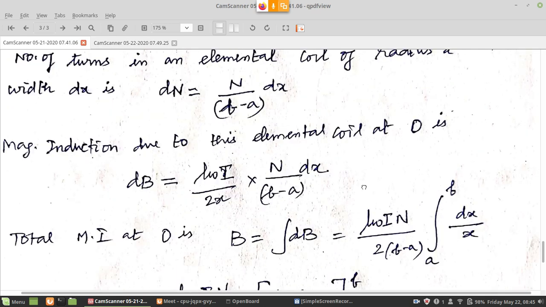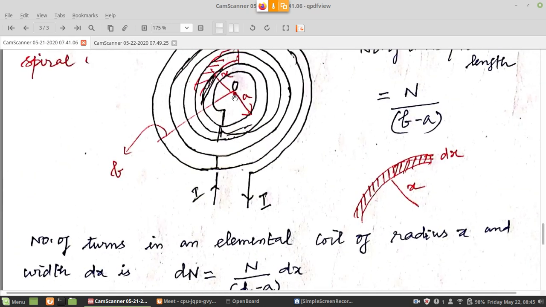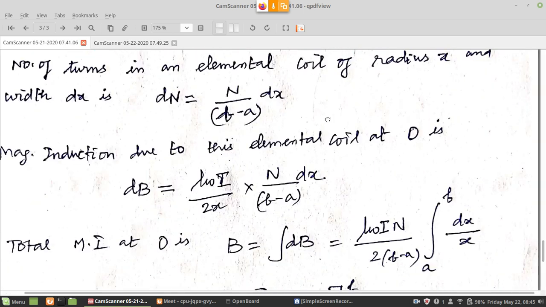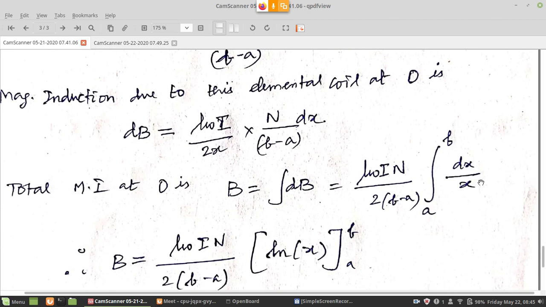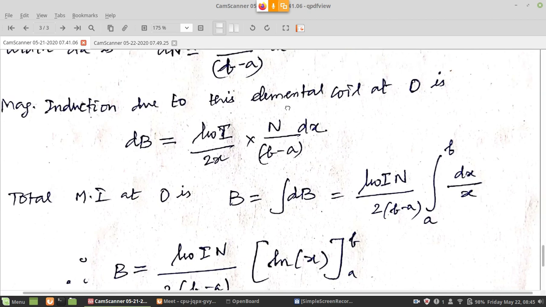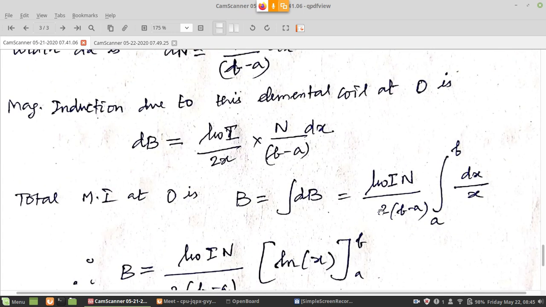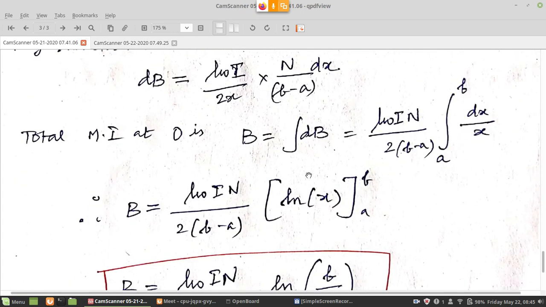x is changing here as we go from the center of the coil to the outermost coil. x is the variable, so dx by x is the integration factor we are having now. The limits of integration start from radius a and go up to b, so the limit is a to b. Right, so the integration of dx by x is the logarithm of x, that is the natural logarithm, so the symbol used is ln.